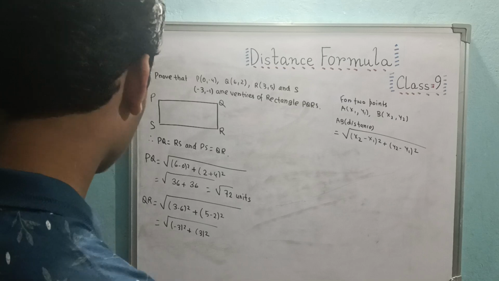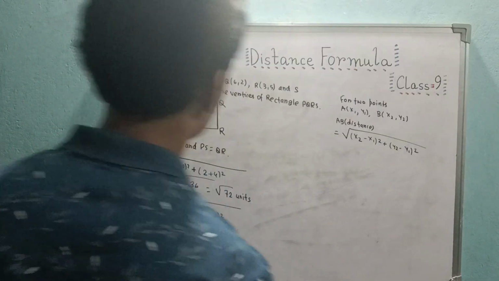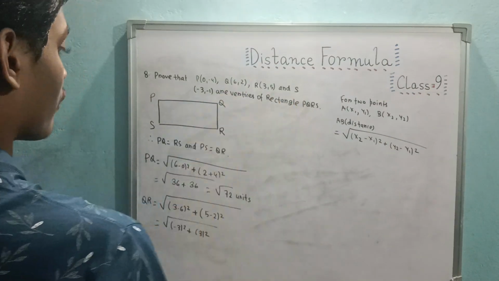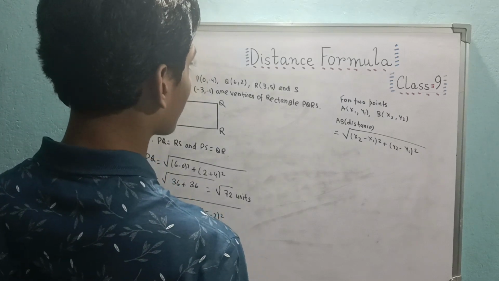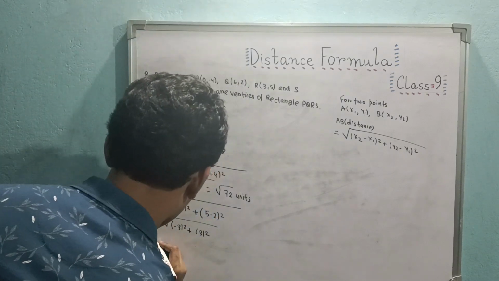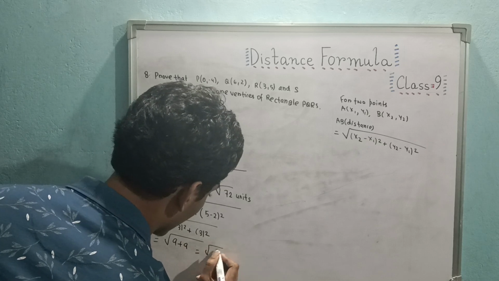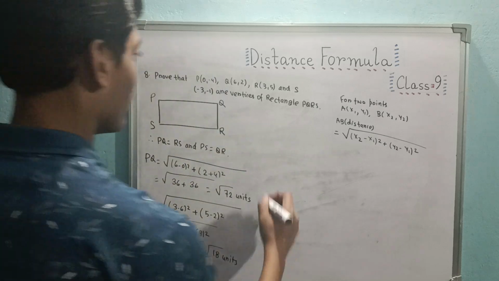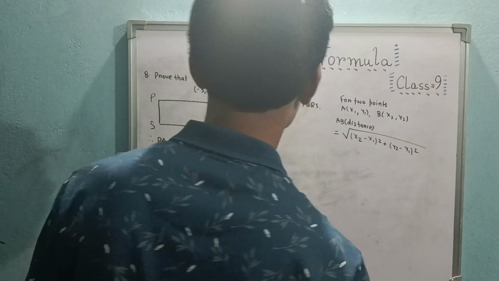How can that be? Is it 3 comma 5 or something else? Yes, it is like that. x2 minus x1 whole square, 3 minus 6 whole square, and 5 minus 2. Okay, it's all right. Minus 3 square 9, 3 square is 9, equal to root 18 units. Gone. Then RS equal to what?